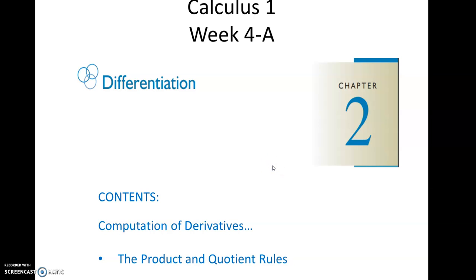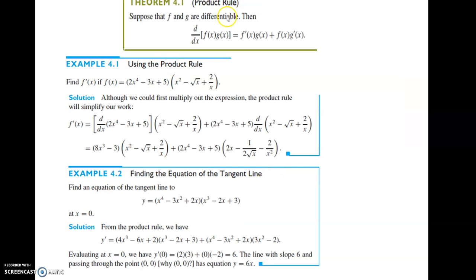Let's start with the rules. The first one is the product rule. Suppose f and g are two functions, then the derivative of f(x) times g(x), that is, two different functions multiplied, not the same. What does the rule say?